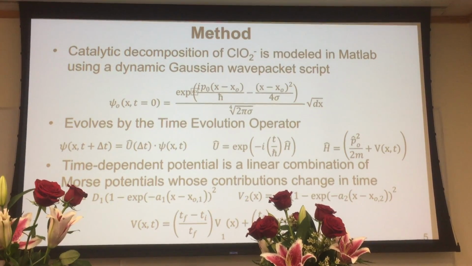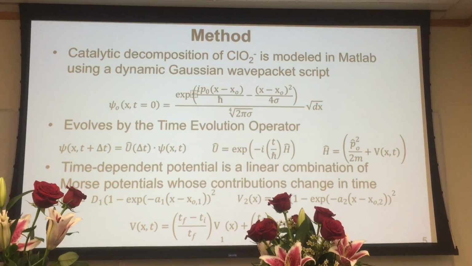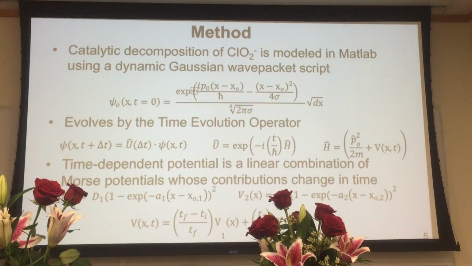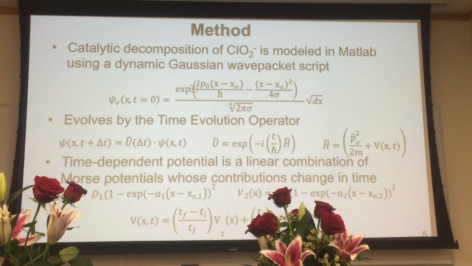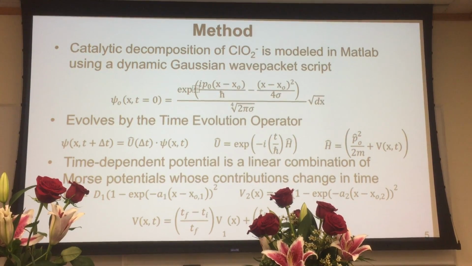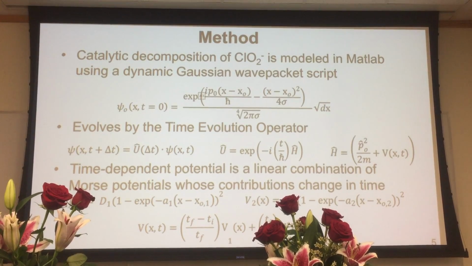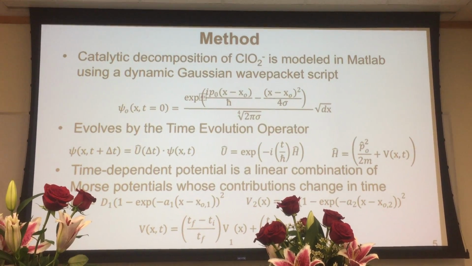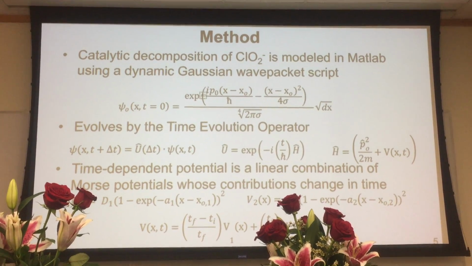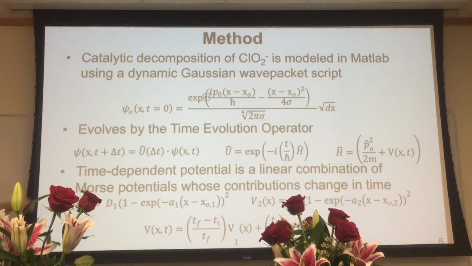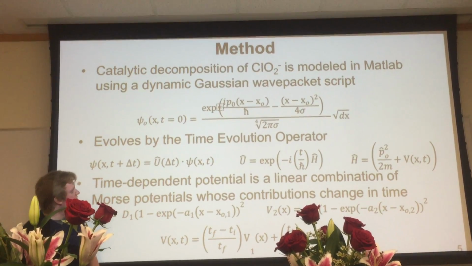So anyways, what is the method that I will be applying here? Well, I have used a dynamic wave packet Gaussian script in MATLAB, where I am attempting to model the decomposition of chloride as the substrate approaches the catalytic center. The wave packet I have used here, my wave equation, is a Gaussian wave equation.